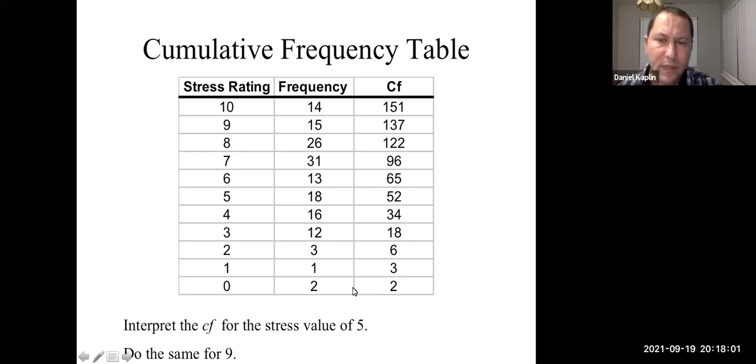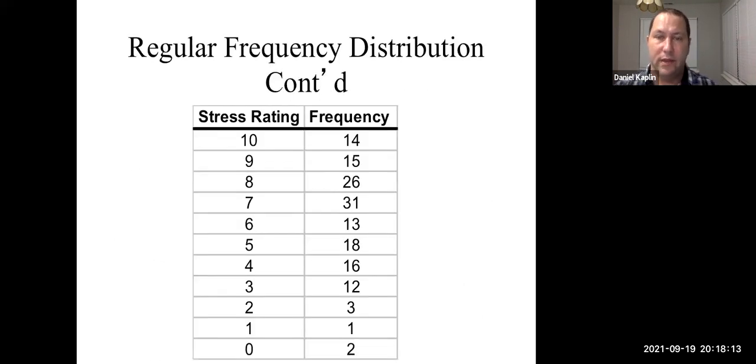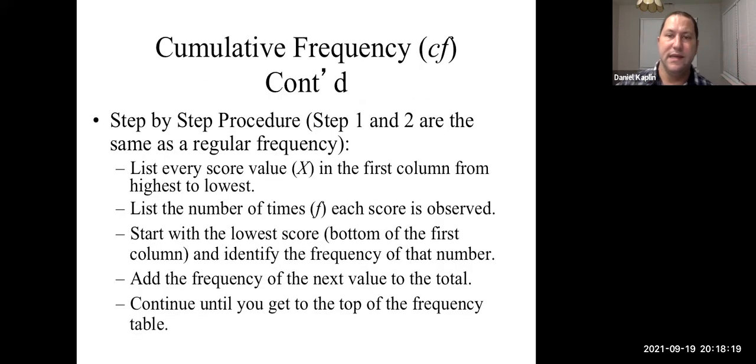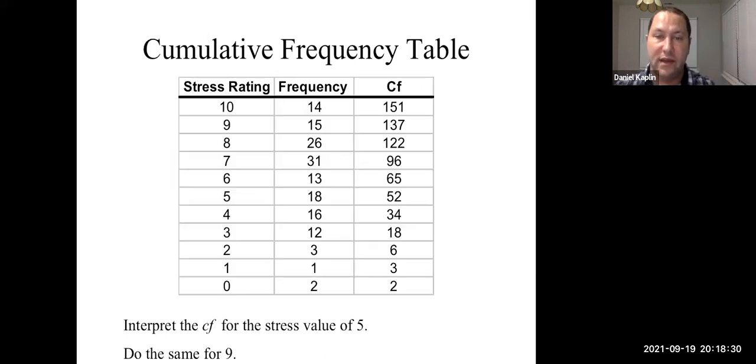So if I were to look at the CF column, CF stands for cumulative frequency. If I go back, we already calculated the stress rating and the frequency. Now we need to calculate cumulative frequency. And if you look at what I said in that third bullet point, we start at the bottom of the column and then add to that.